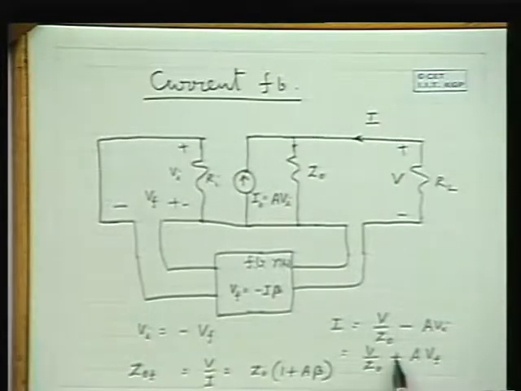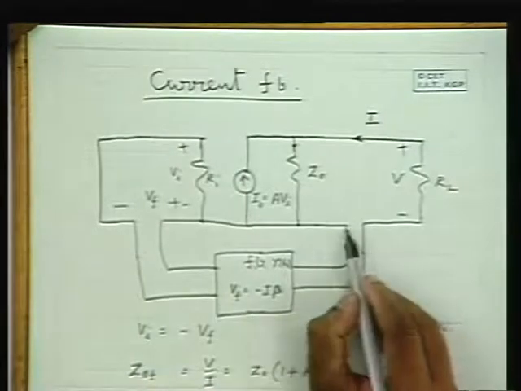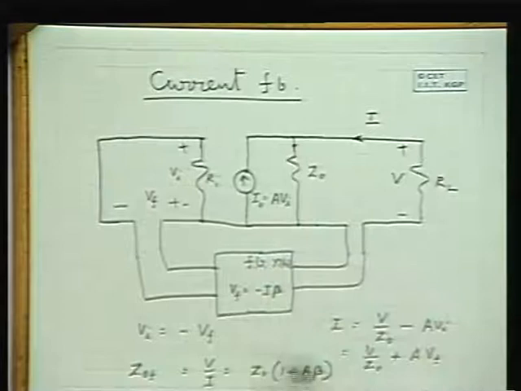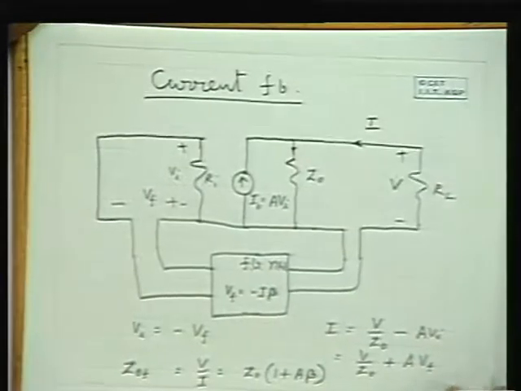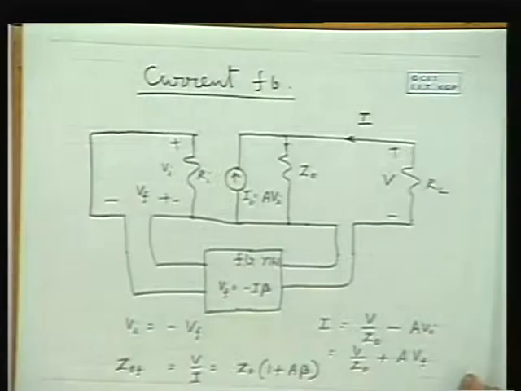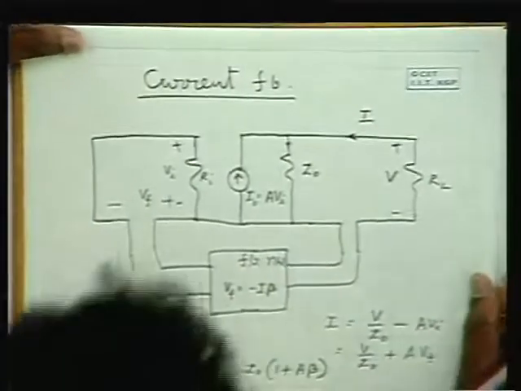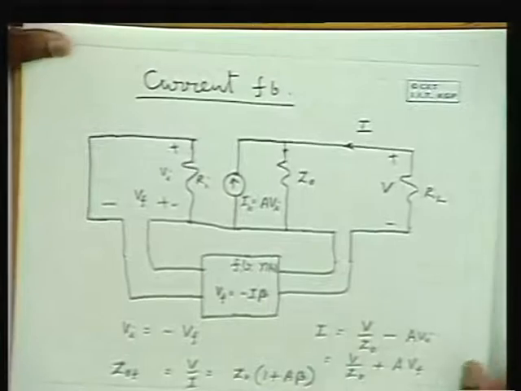Therefore, this is equal to minus A beta into I, and bring it this side. So 1 plus A beta into I is equal to V by Z naught. Therefore, V by I is equal to Z naught into 1 plus A beta. So because of this reason, the output impedance increases by 1 plus A beta times. So a current tapping here increases the output impedance by 1 plus A beta times. So this is the effect of feedback on the input and output resistances.